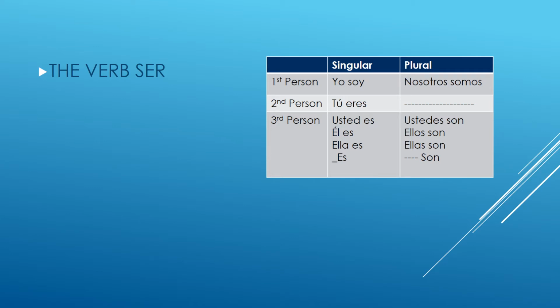So third person plural, if you wanted to say you all are, you would say ustedes son, or if you wanted to say they are, a group of males, you would say ellos son. If it was a group of females, you would say ellas son. Or if you just want to say they are, you would say son.